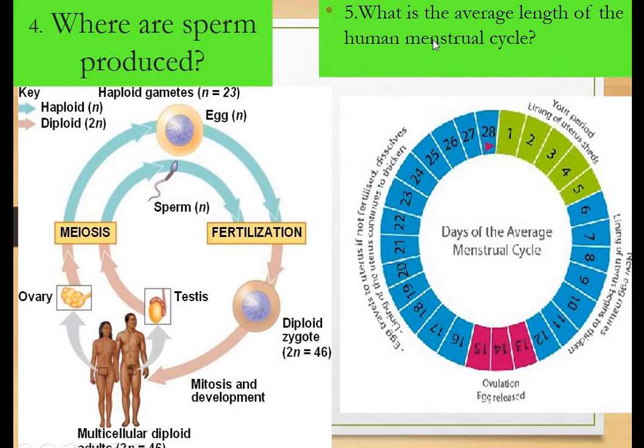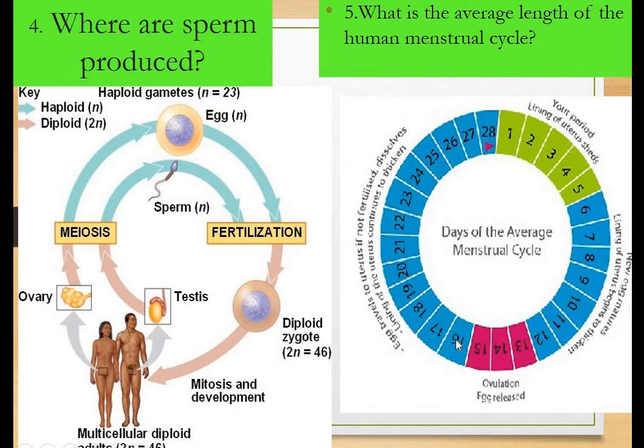What is the average length of the human or the female menstrual cycle? So that is the time from when the egg is released from the body, the lining of the uterus builds up, and then a new egg is released from the ovary. This is when a female is most fertile, called ovulation.